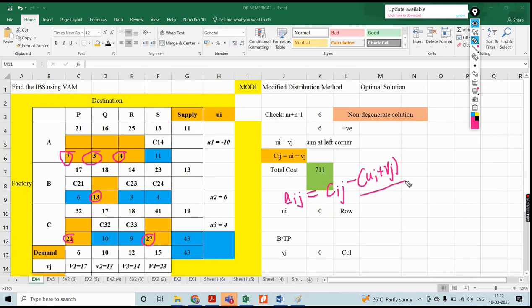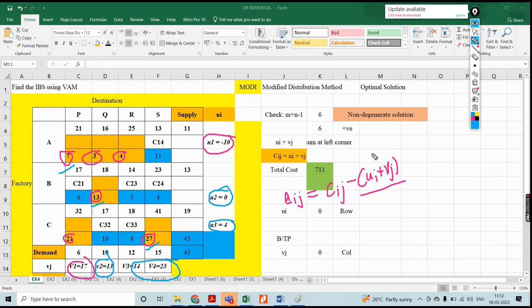All these are sums of Ui and Vj, because only these sums are taken. Minus 10 plus 17 is 7. Then 0 plus 13 is 13. Similarly, 4 plus 23 is 27. Like this you have evaluated.